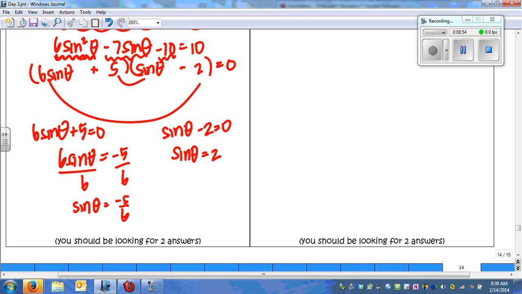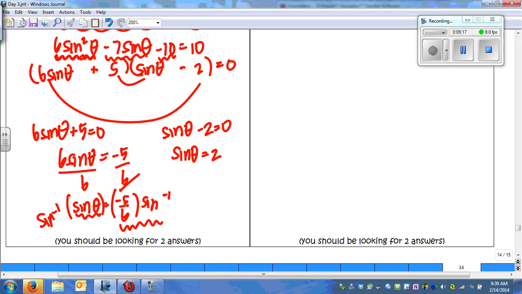All we have to do to get rid of this sine next to the theta is take the sine inverse of both sides. Now be very careful. When you go to type sine inverse into your calculator, don't type that negative sign.